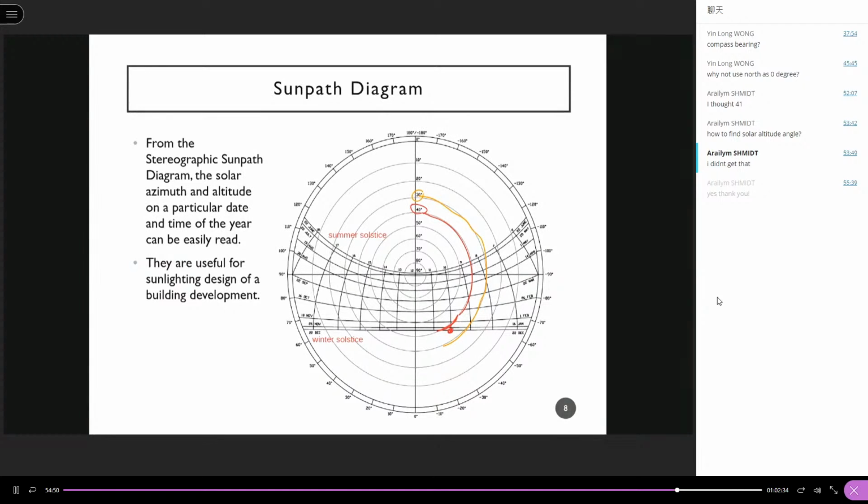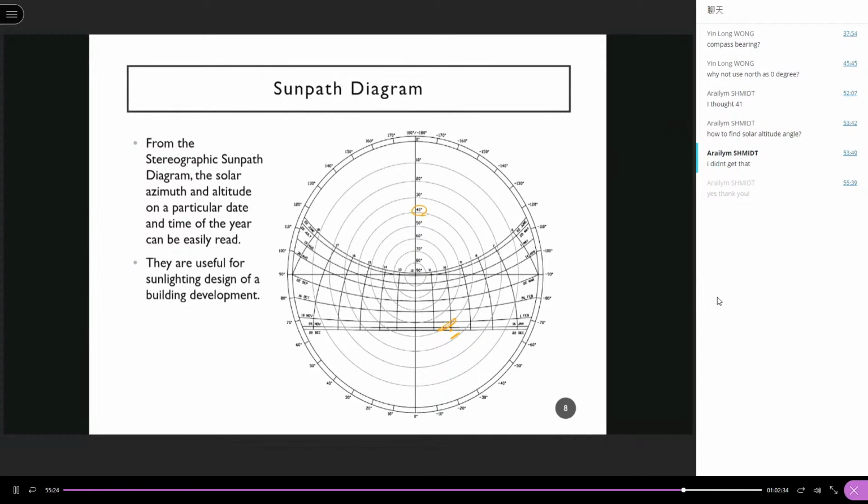But because there is no other line, we can only guess the altitude angle. It should be closer to 40, right? So I guess it will be around 37, or maybe I think it is 36.